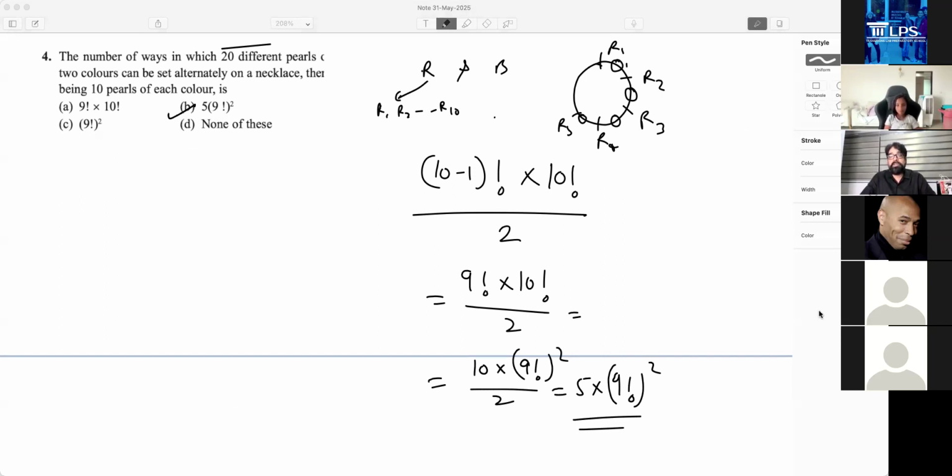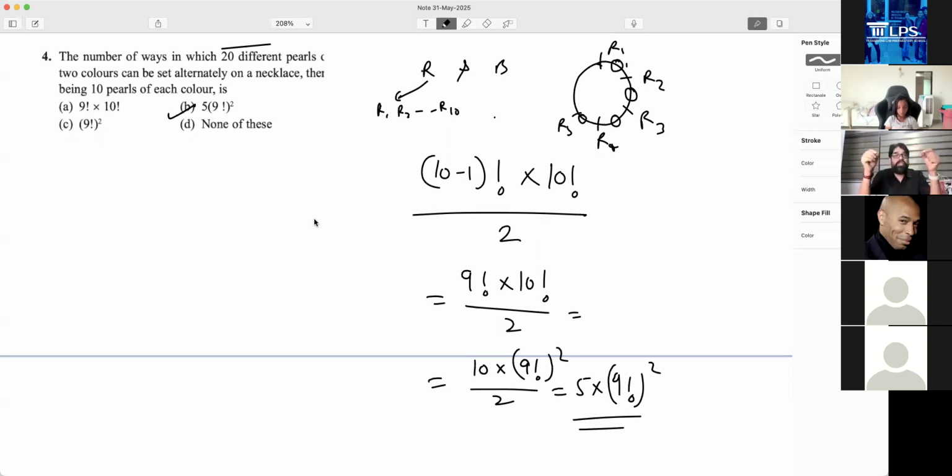Circular permutation is important. Questions come in that. Yeah, sir, I have one doubt. Yeah, tell me. Sir, why did you divide it by 2, that 9 factorial into 10 factorial? Because anticlockwise and clockwise do not make any difference. Whenever in circular permutation clockwise and anticlockwise make no difference, it is the same whether you look from the front or from the back.